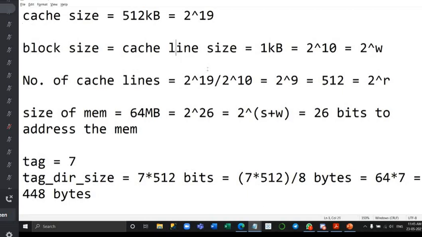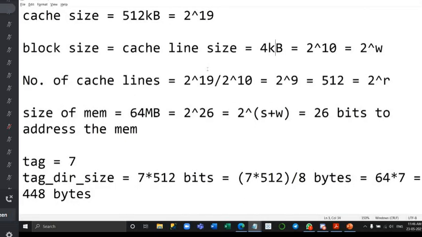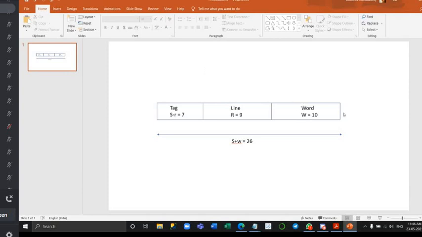Now 4 KB can be written as 2 to the power 12: 4 is 2 to the power 2, multiplied by kilobyte, 2 to the power 10, which becomes 2 to the power 12. So from here we can find W, right? W becomes 12.